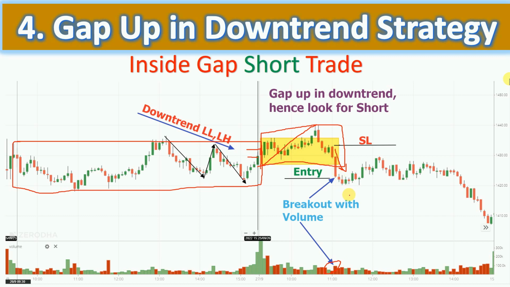So that's why this breakout is confirmed. So we will take the entry below low of this candle, and stop loss will be the high of previous candle, which is the breakout candle. So this is the breakout candle, and stop loss will be the high of that candle. So we will go short at this area, and we will try to look for 1:3, 1:5.